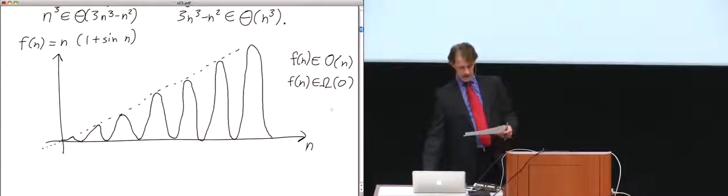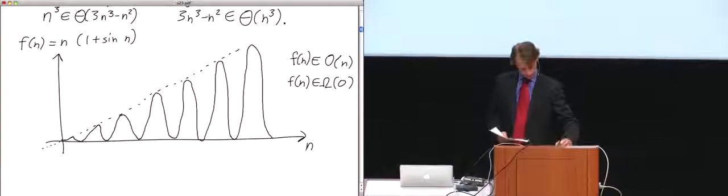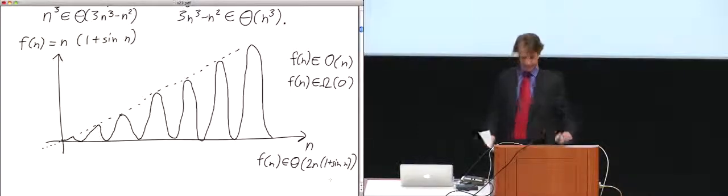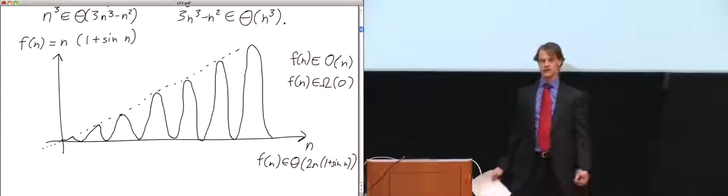You could say, if you want, that f of n is in big theta of 2n times (1 plus sine n). But that's not giving us any useful information or simplification.